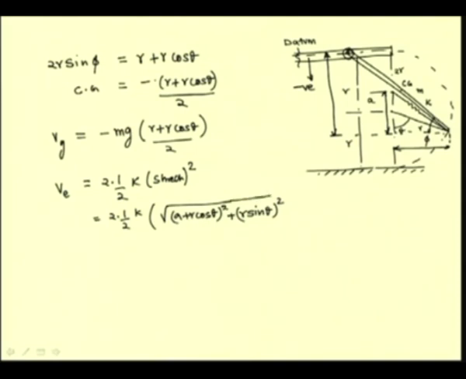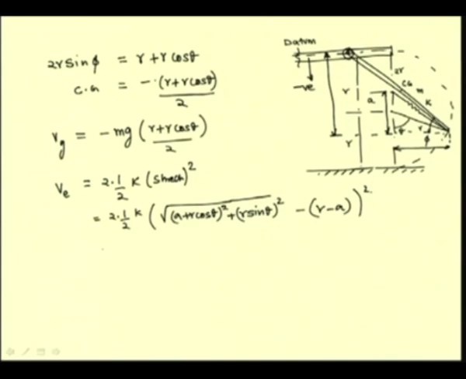And so the stretch or the length of this spring is root of a plus r cos theta square plus r sin theta square, minus r minus a, which is the original length of the spring, that is r minus a, the whole square. So now we have got the expression for the potential energy associated with gravity as well as the elastic potential energy.